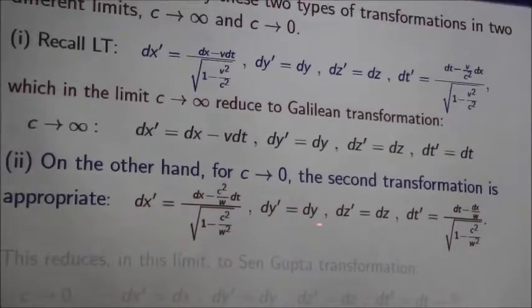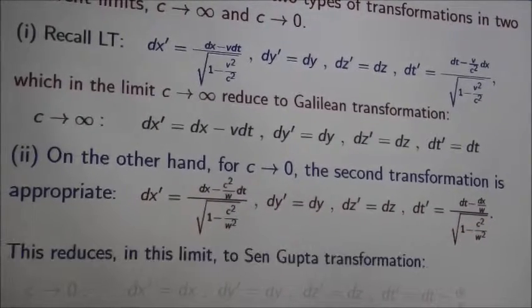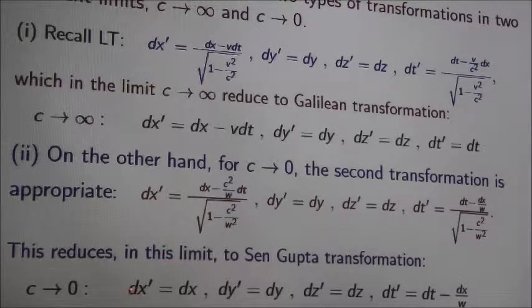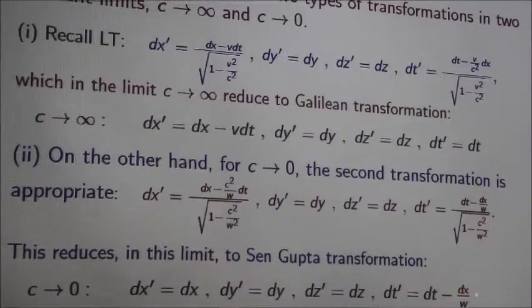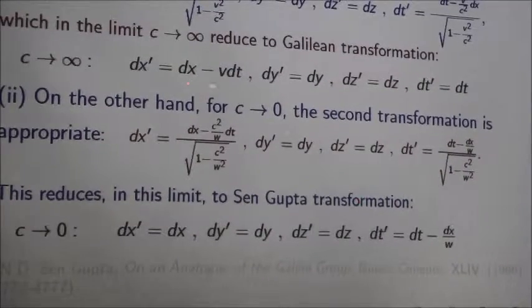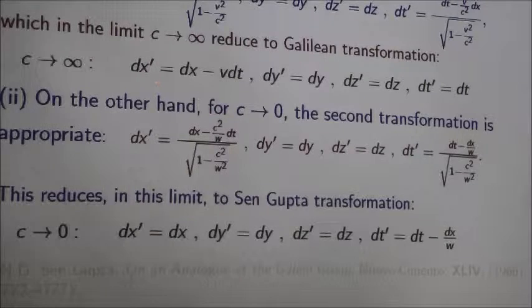You take the limit c going to 0 in it. That gives us dx prime is the same as dx, dy prime is dy, dz prime is the same as dz, dt prime is dt minus dx. Again compare: here time is fixed, here space is fixed. There is an interchange of time and space that is happening.